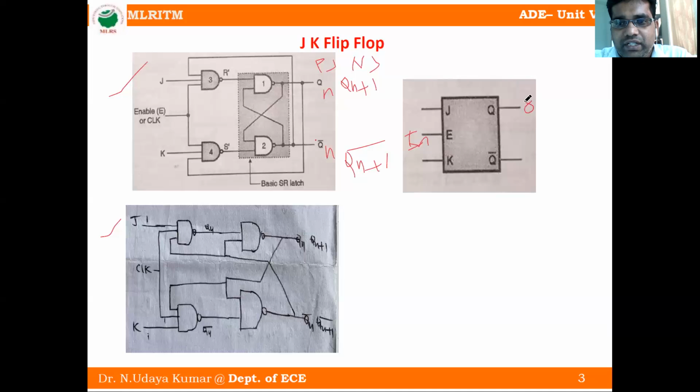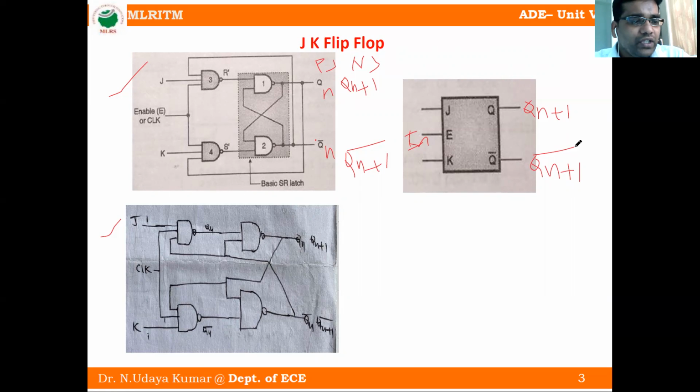The next state is Qn plus 1 and the next state complement is Qn plus 1 whole bar. So this is the JK flip-flop. In the JK flip-flop, the dotted section we call the basic SR latch. In our first class we saw what a latch means, so this is the latch structure. You can observe the dotted line; this is the basic SR latch.